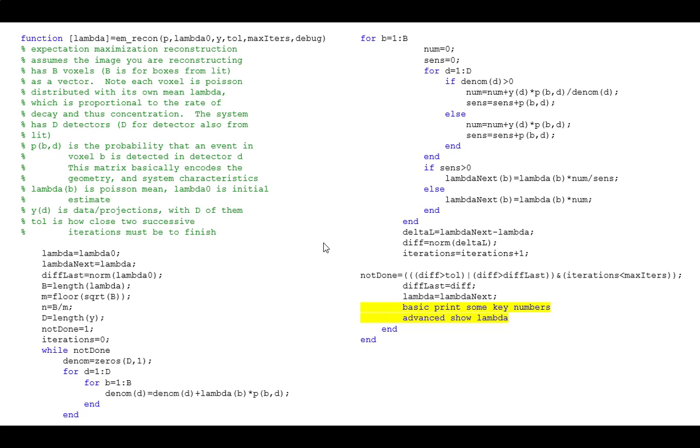If you want to be really fancy when you do the print for that one, you either need to make it a separate slide or give me a pause. I don't care which one you do. If you're setting your max iterations to 10, maybe you just want all 10 of them for the print. But this should be a debug level of 2, to show me the picture. But if I ask for the picture, I want the numbers too.